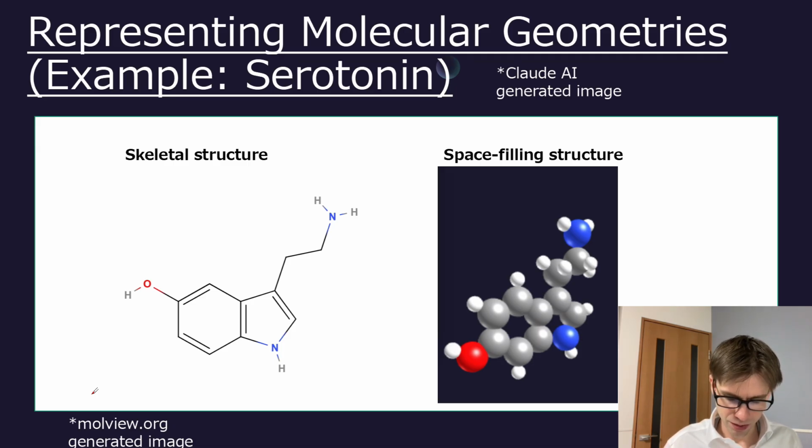And sometimes it's better to look at just to get a general idea of the spacing and electron density regions of where electrons will mostly exist in this molecule. So both of these are commonly used. Probably skeletal structure is used by organic chemists. Space filling is used by computational or other types of chemists. But we all need to learn how to use and understand all the forms. Okay, moving on.